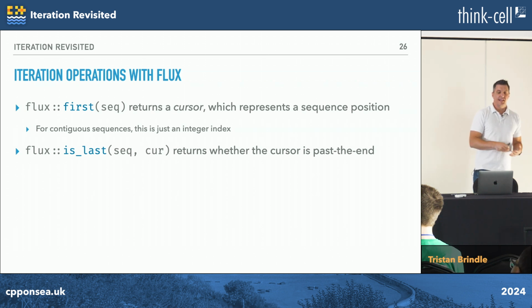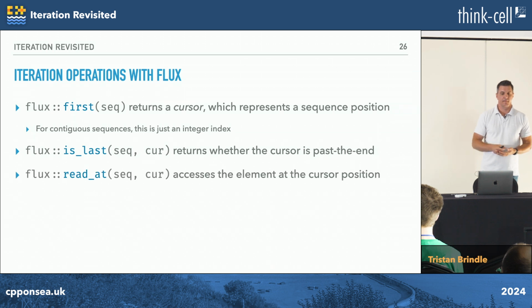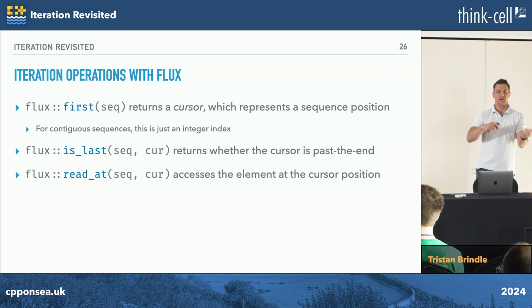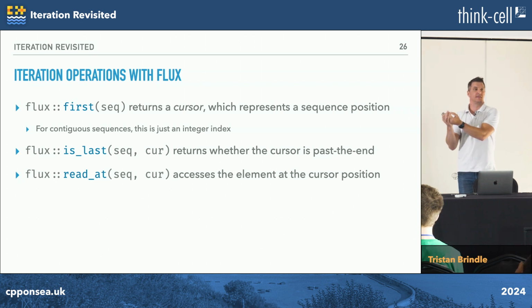And we have a function called isLast. Pass it the sequence and the cursor, and it returns a bool to tell you whether iteration is complete or not. We have a function readAt. You pass it the sequence and the cursor, and it returns the element at that cursor position.